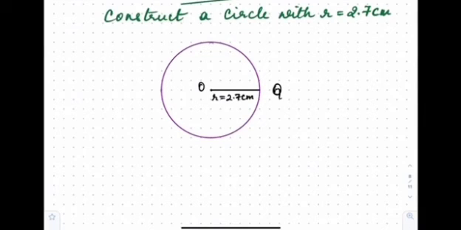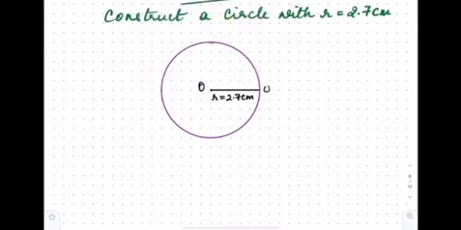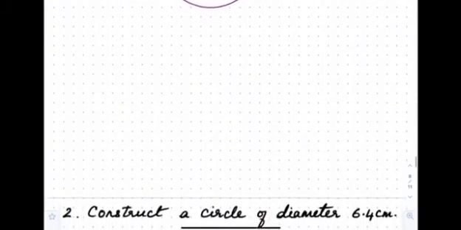Okay children, did all of you get it? Okay, this is how we construct a circle with radius being calculated.